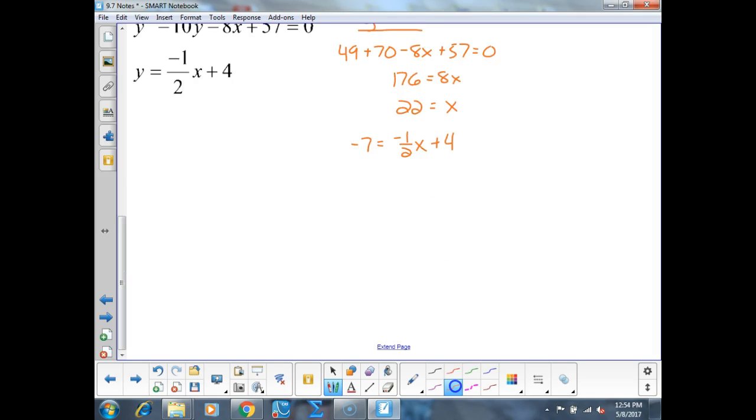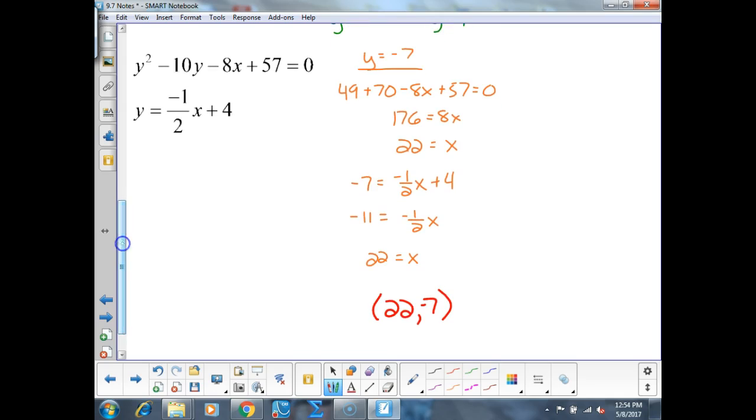So subtract 4 is going to be negative 11 equals negative 1/2 x. Multiply both sides by negative 2. 22 is going to have to equal x. So that produces the point 22, comma, negative 7. Yes?